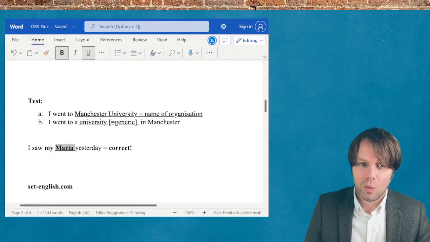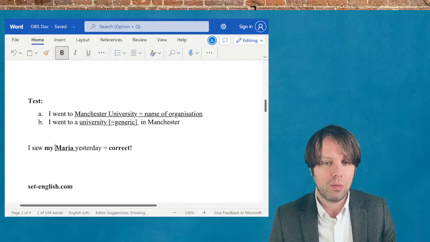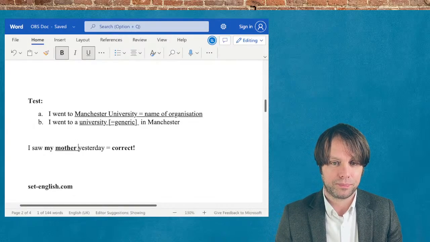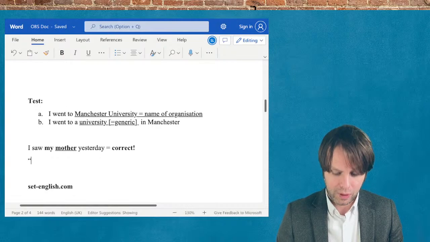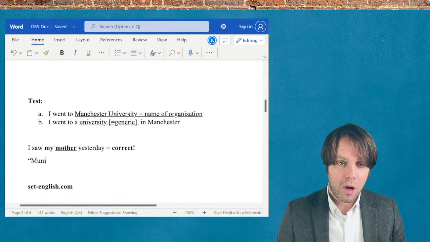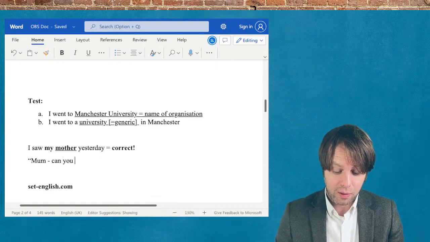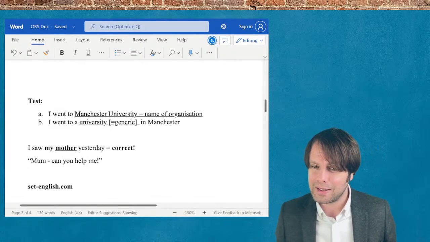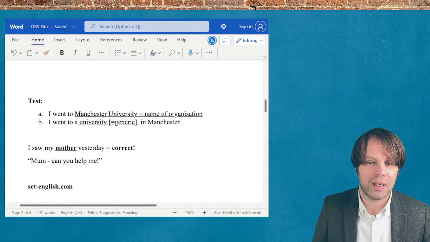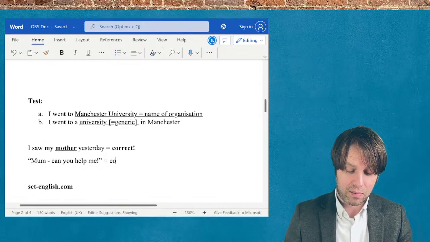Okay? So this one here is correct. What about this one? Mom, can you help me? Imagine we're writing a sentence like this. Mom, can you help me? Is this one correct now?